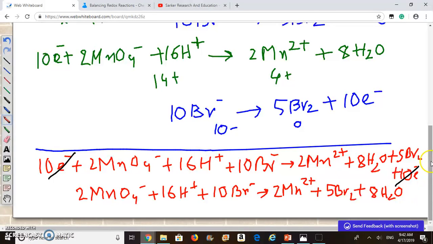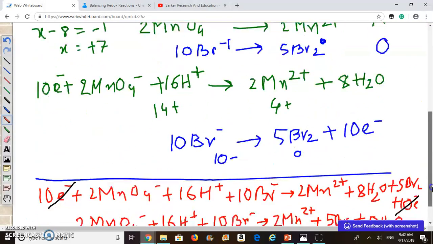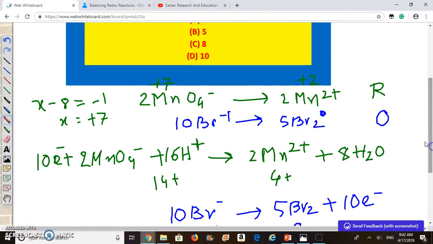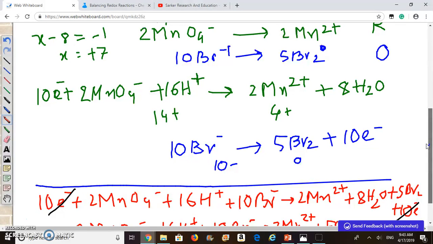So look at this carefully. This is the same reaction, and it has to be the same because this is ultimately the balanced reaction that you get after balancing these two half reactions, which are reduction and oxidation, by balancing the electrons. So in doing this process, we came to know that there has been a transfer of, let me just circle this, 10 electrons. Okay, so that is our answer.